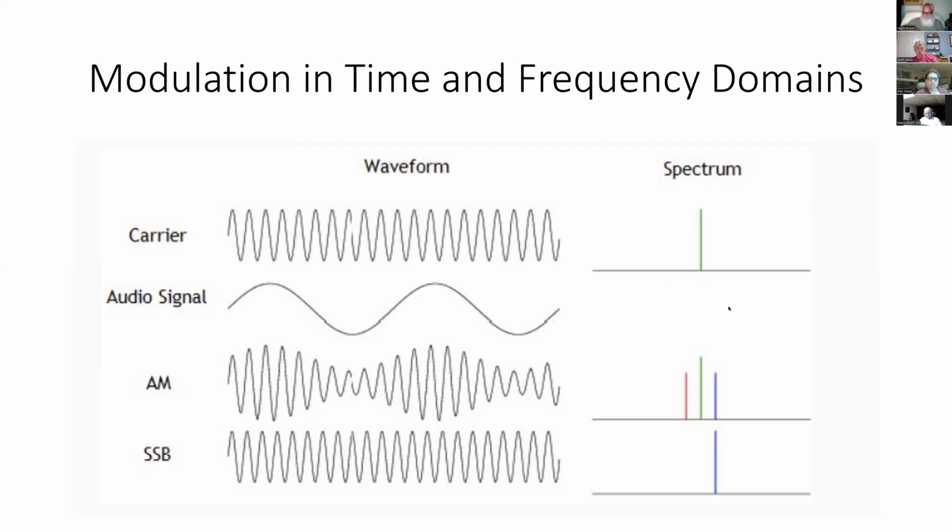Another way to look at it is in both the time domain, which is what you'd see on an oscilloscope trace, and in the frequency domain, in other words, the frequency spectrum. So the carrier on the left is a single frequency tone, so you can see it's just one line on the spectrum. An AM signal would show the carrier in green here and two sidebands.